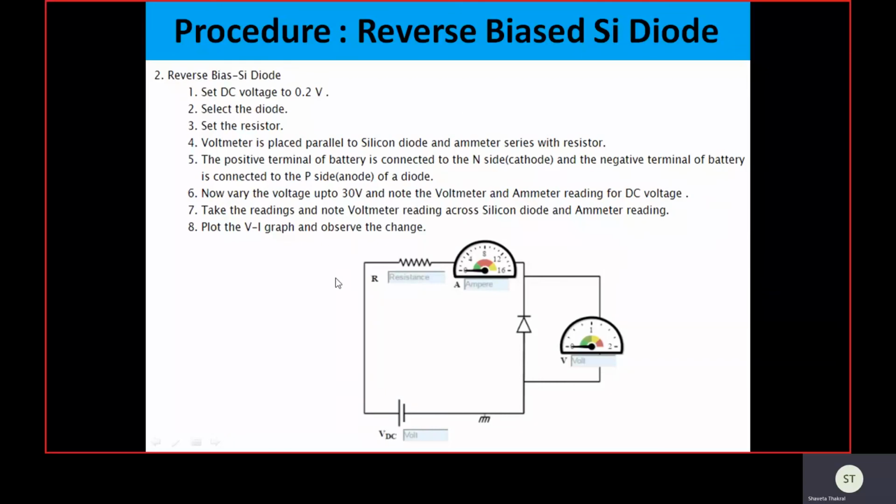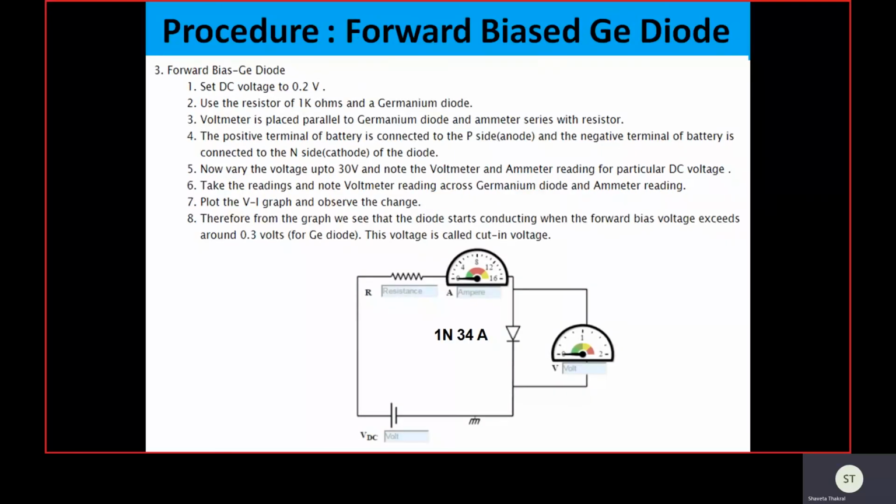So as per the given procedure, if we perform the experiment via this virtual lab, we are going to plot the VI characteristics of the reverse biased silicon diode, and similarly if we change the diode from 1N4007 to 1N34A or any other germanium diode, then we can plot the VI characteristics of the forward biased germanium diode by the same procedure.